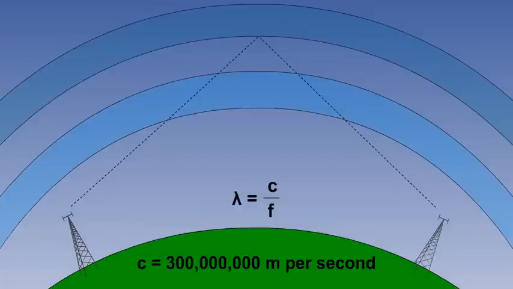In order to be able to do these calculations, we need to recall that radio waves travel at 162,000 nautical miles per second, or 300 million meters per second. This figure in meters per second is the one to use in all calculations.